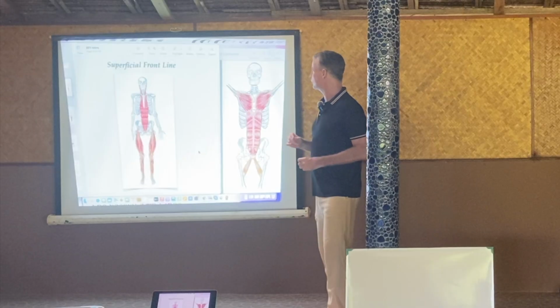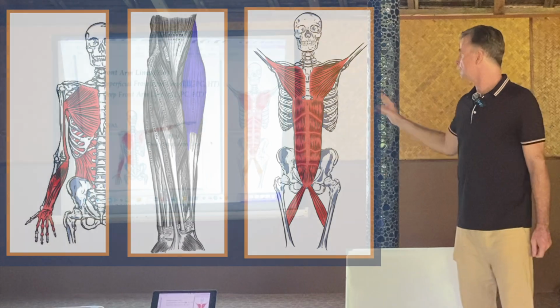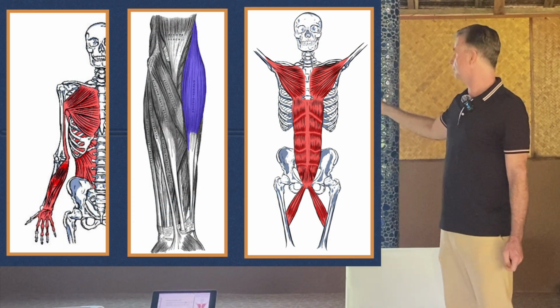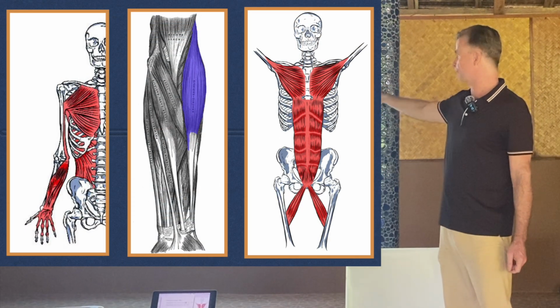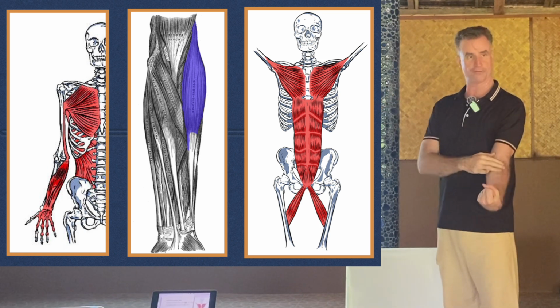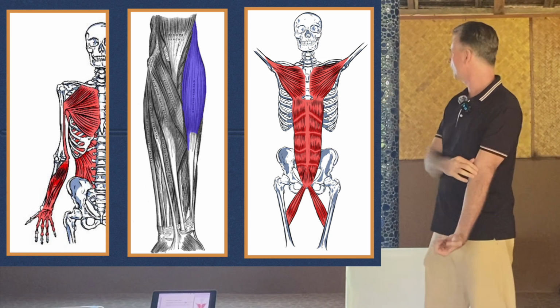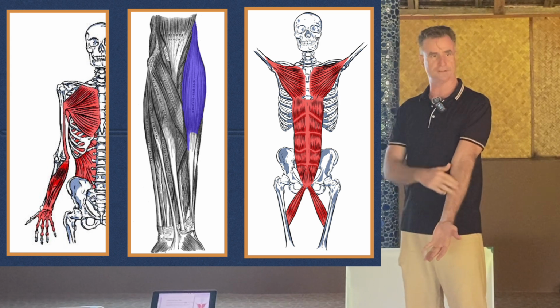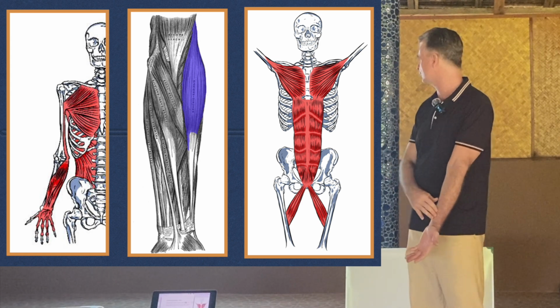Now let's go ahead and take a look at the arm lines. So the superficial front arm line, we can see it includes the pec major and then the forearm flexors, and essentially a good part of the lung meridian, some of the primary points that we use there.